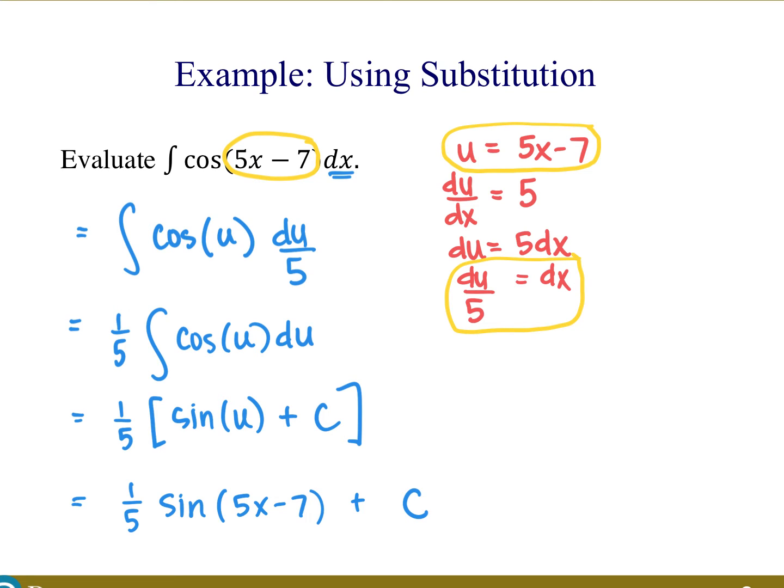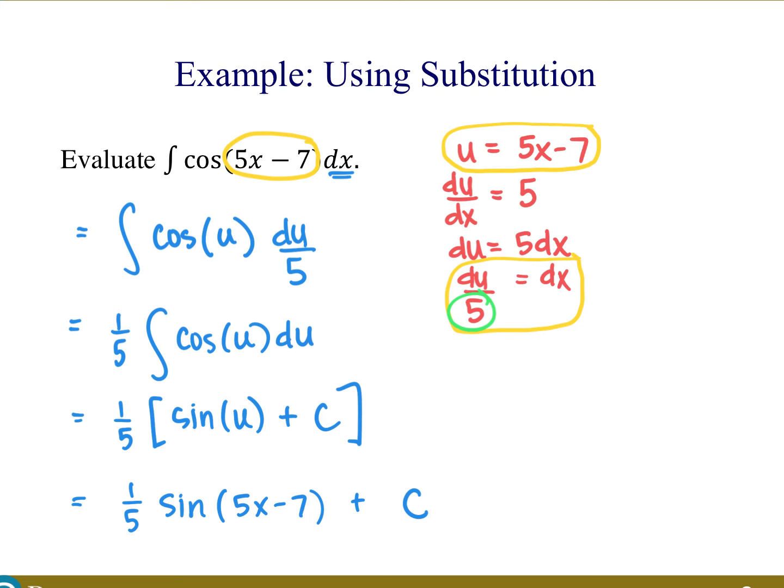Okay, this was still a problem you could have done last chapter. However, if you don't use u substitution, you have to remember the chain rule, the anti-chain rule. And I'll tell you, more than half of you in here forgot the chain rule at some point on your test. If you do u substitution, you'll never forget the chain rule, because it forces you with this 5 that shows up right here.